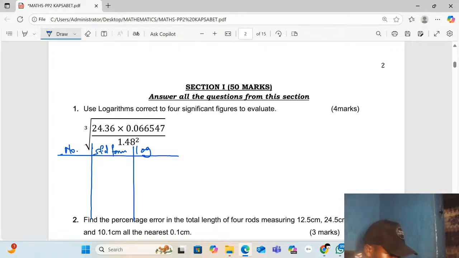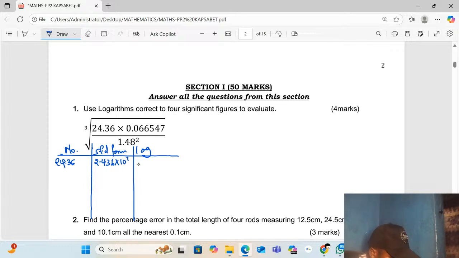So the first number is 24.36. In standard form, we shall have 2.436 times 10 power 1.